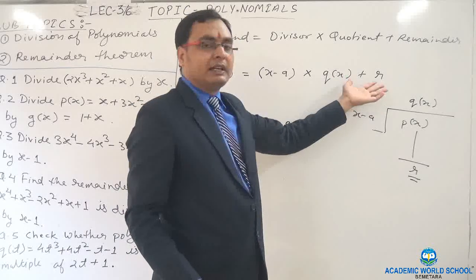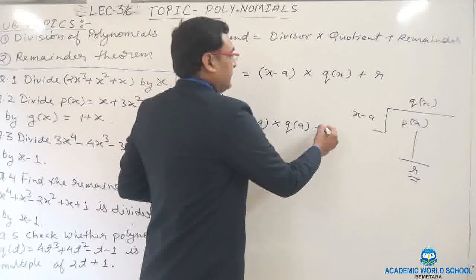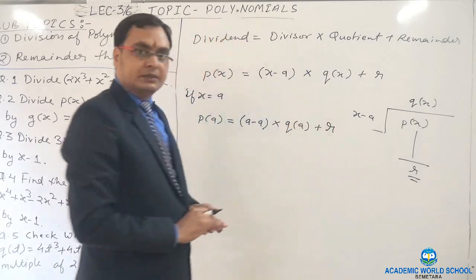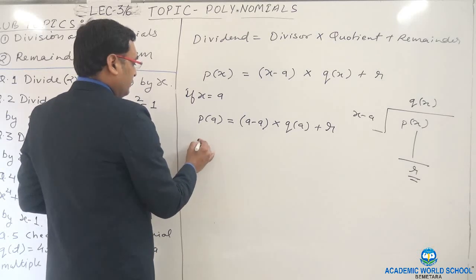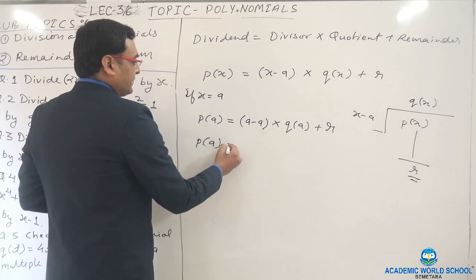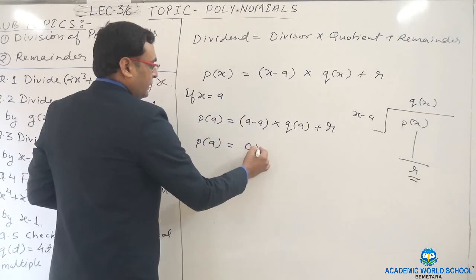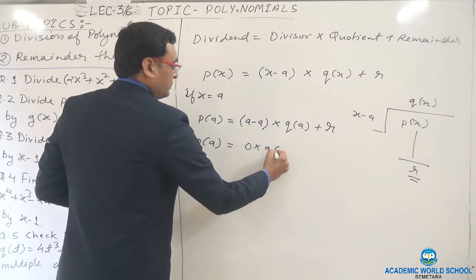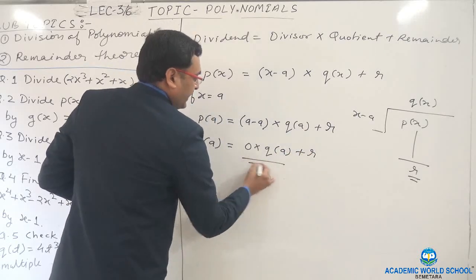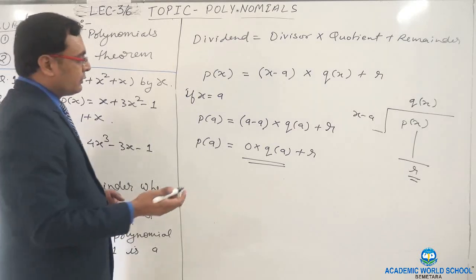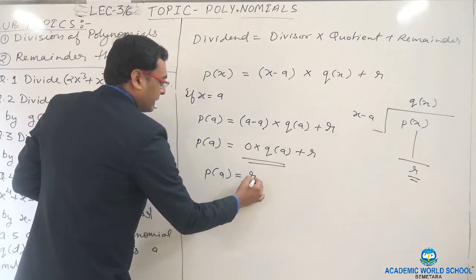So the degree of this remainder is 0. So it is a constant polynomial, it will not change, it will remain the same, r. Now a minus a is equal to 0. So this pa, which is the value of this polynomial at x is equal to a, is equal to 0 into qa plus r. Now 0 into anything is always 0. So we will get pa is equal to r.